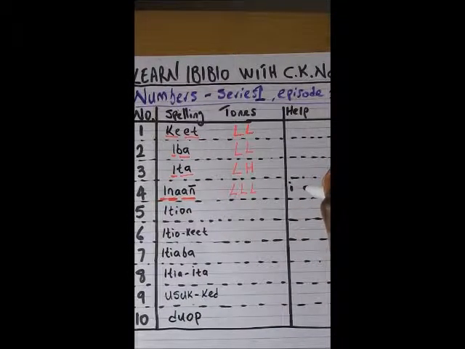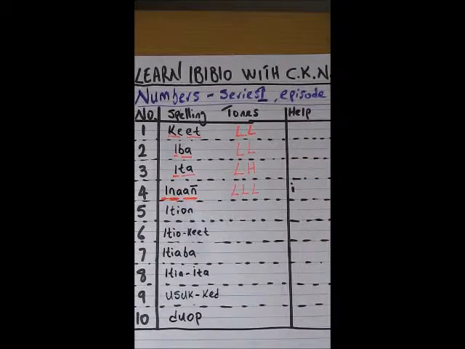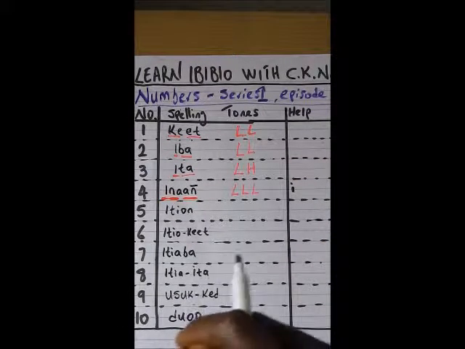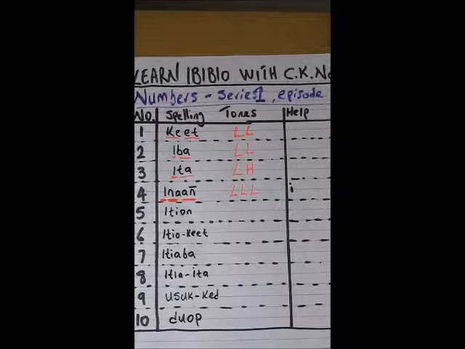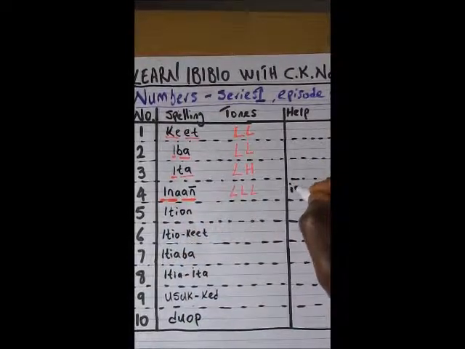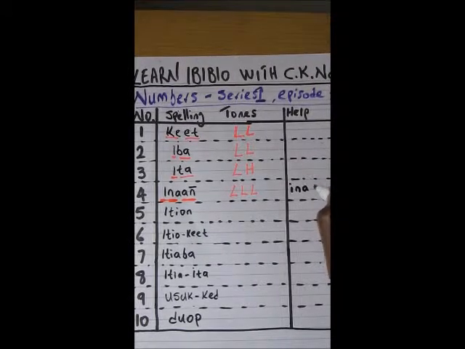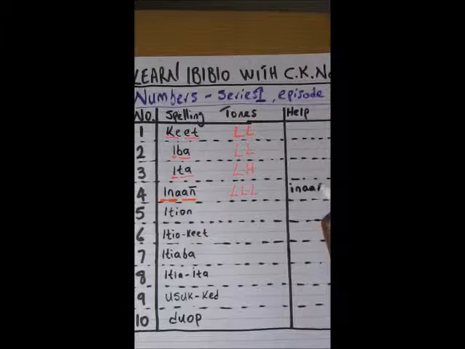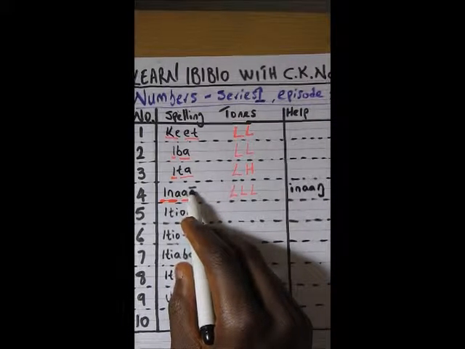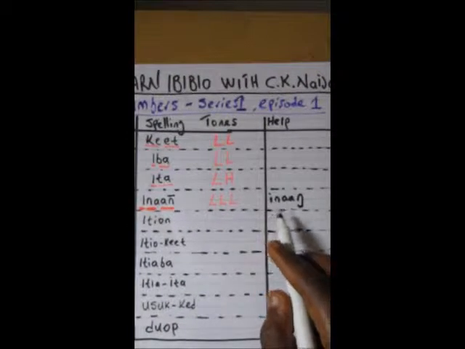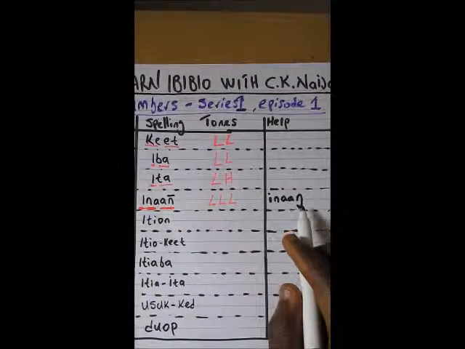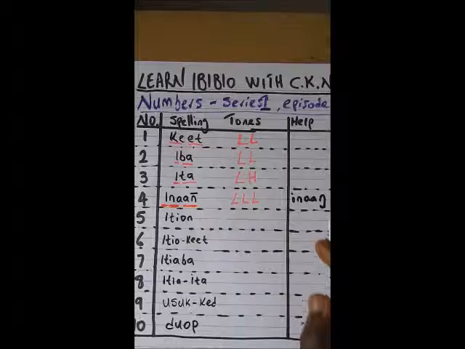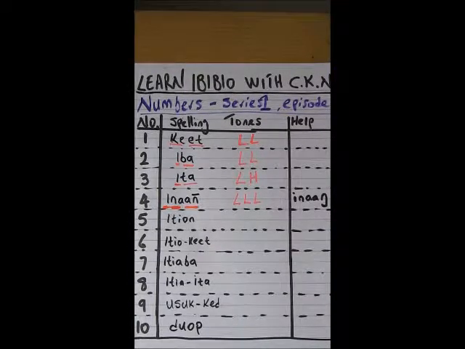In the first video, I showed you the different methods of spelling, and this is the IPA version of spelling the word for 4, inaan, which is I-N-A-A, and the N has a sort of G leg on it, that's what that indicates.